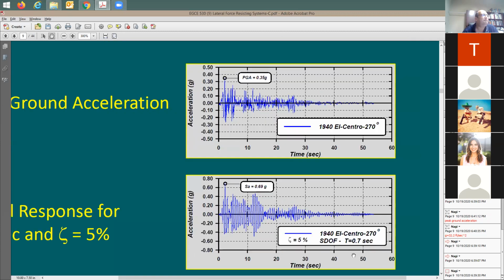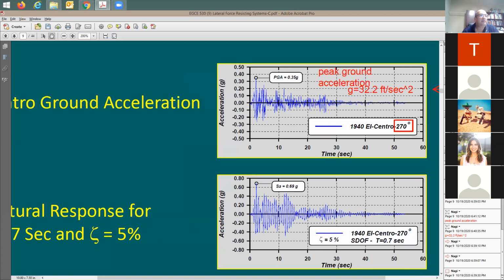We understand that. But look what happened. At this point, when you have the maximum ground acceleration, look what happened here to the building itself. The building acceleration, we call it spectral acceleration, S sub A, becomes 0.69, which is almost double the amount of the ground acceleration.